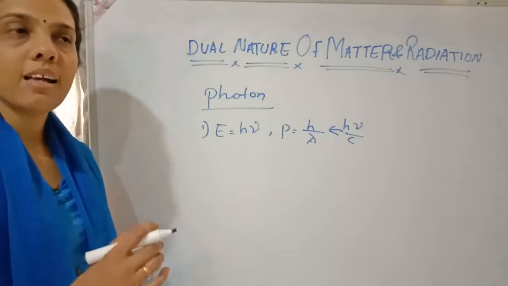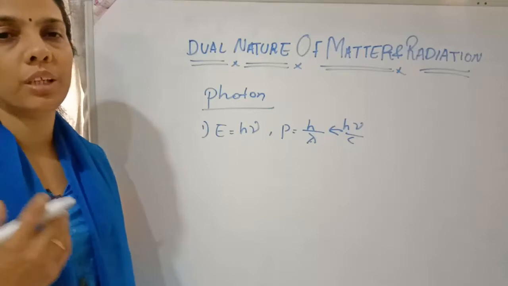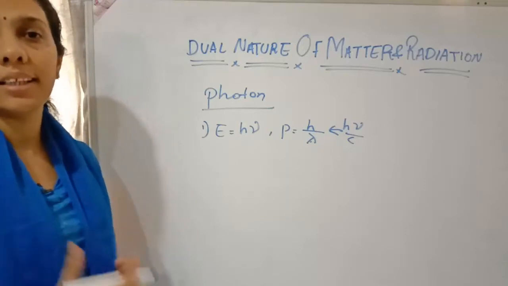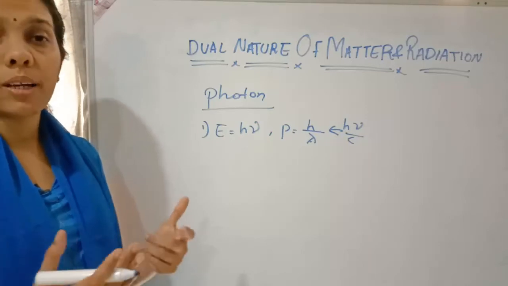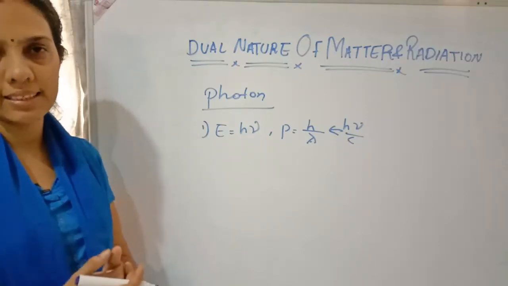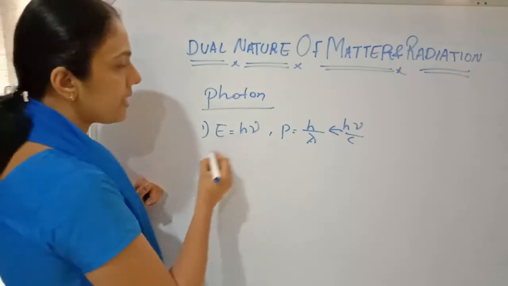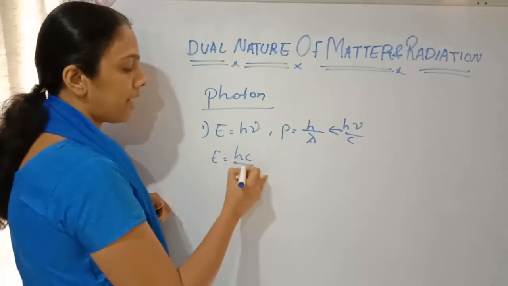Now, the energy of a photon depends on which quantity? Is it depending on the intensity? No, it's not. The energy of a photon is independent of its intensity. Energy E is equal to h nu, or we can write it as E is equal to hc by lambda.